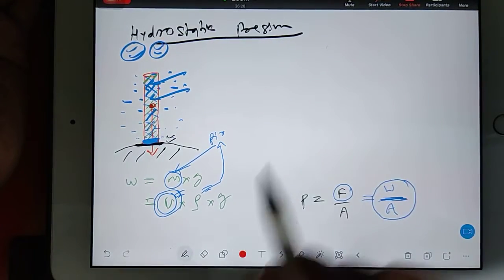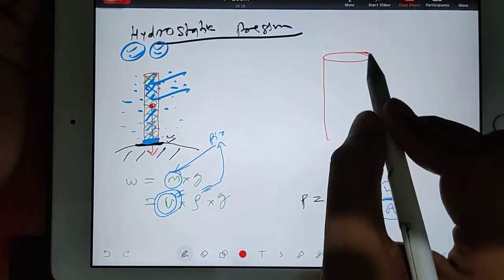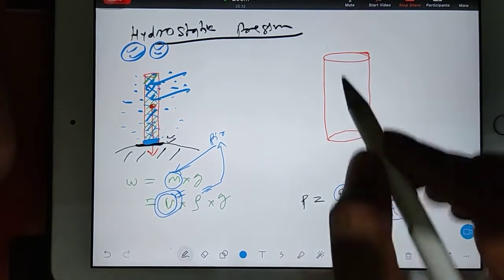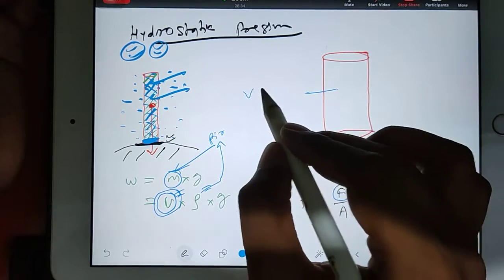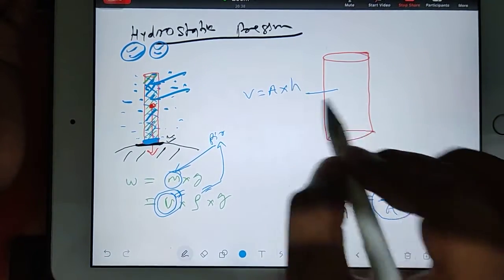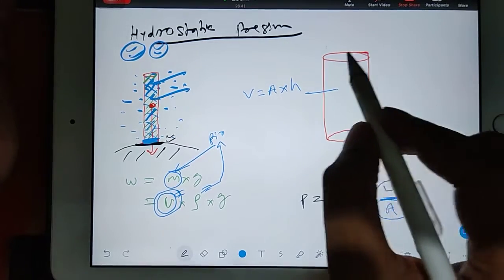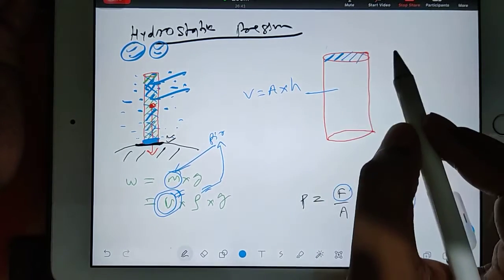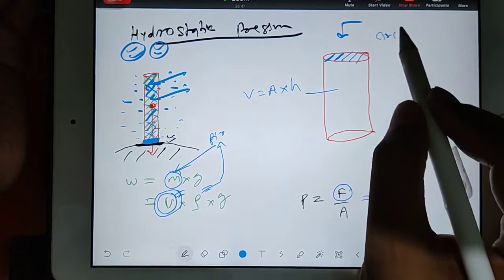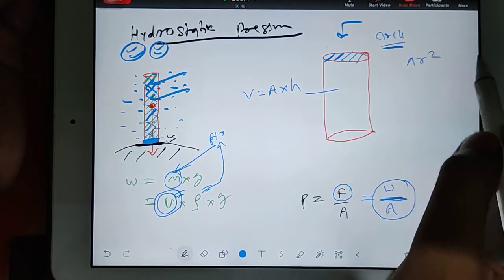Imagine I am drawing a separate cylinder here, and I want to know how to find the volume of any given cylinder. You can find the volume with the help of the area of the cylinder and the height of the cylinder. Area means this cross section area. If you see from the top, this is a circle, right? So the area of the circle is pi r square.